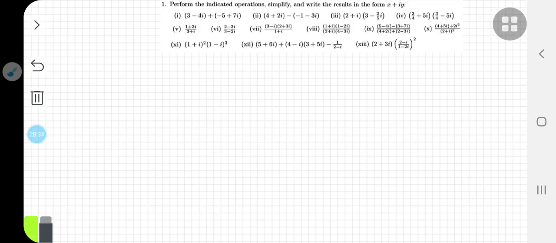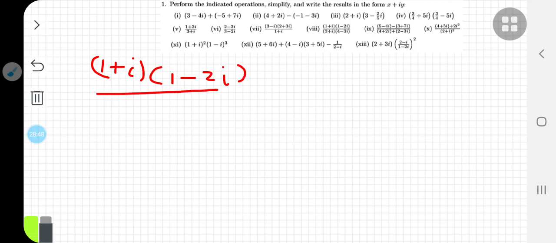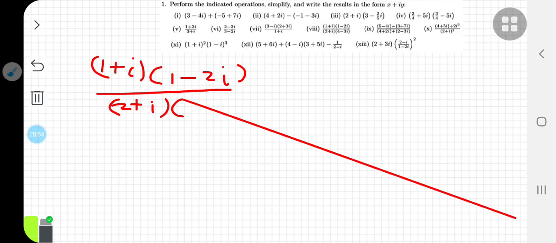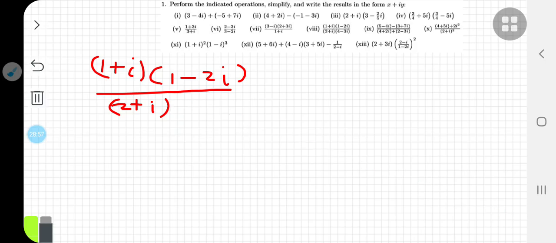So 8, what are we having there? 1 plus i. It's multiplying with 1 minus 2i over 2 plus i. Also multiplying, sorry. So it's also multiplying with 2 plus i, then 4 minus 3i.